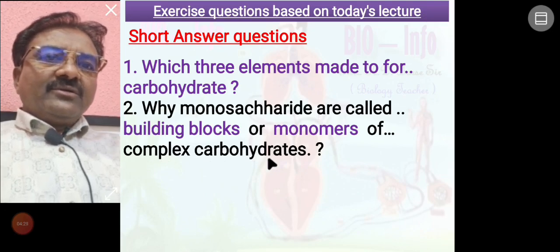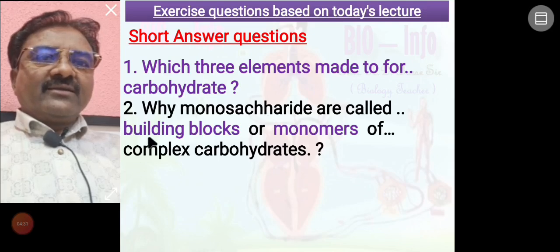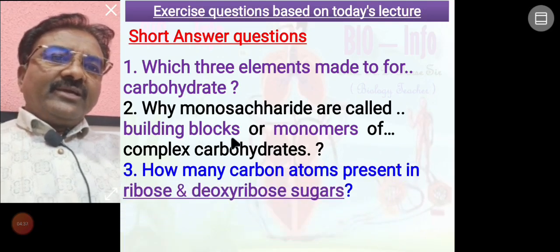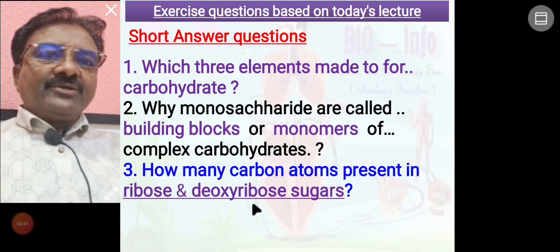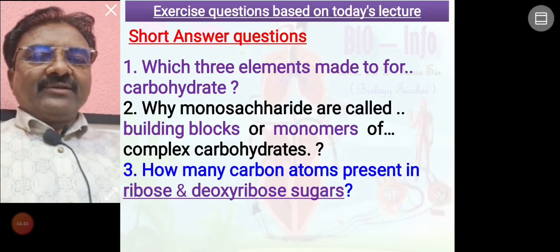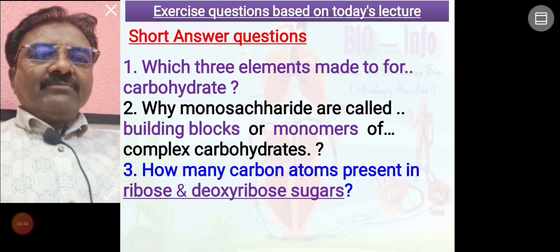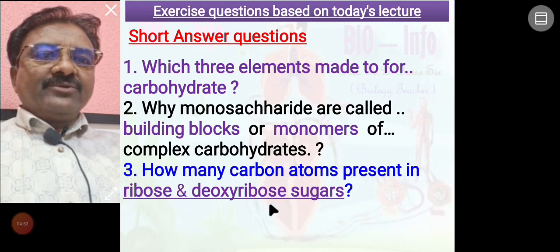So monosaccharides are building blocks or monomers of complex carbohydrates. How many carbon atoms are present in ribose and deoxyribose sugar? Yes, there are 5 carbon atoms present in ribose and deoxyribose sugars.